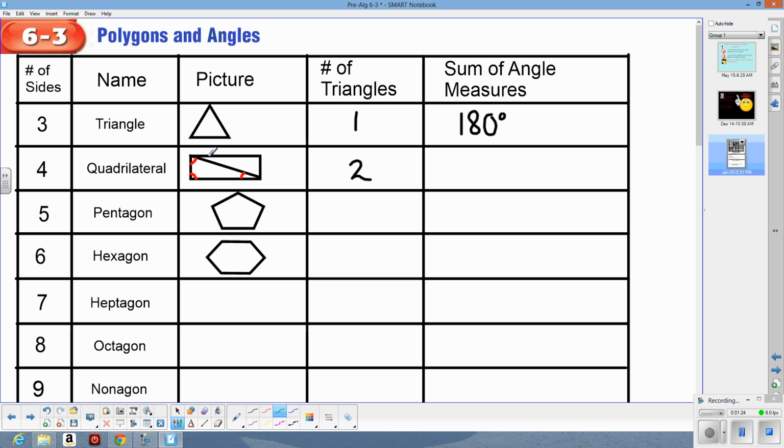But then we also have this one and this one. If we add all of those angles together, that's the sum of the angles for the quadrilateral. So what we have is 2 triangles, so I'm going to do 2 times 180. 2 times 180 degrees is 360 degrees.